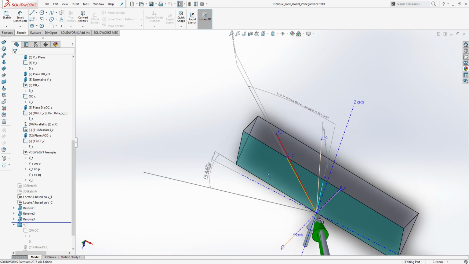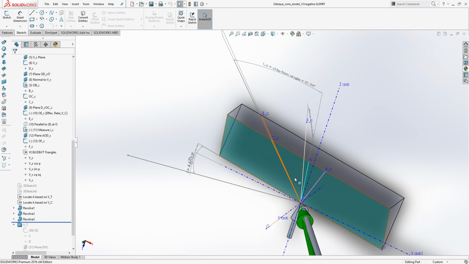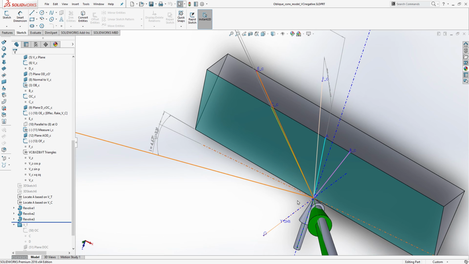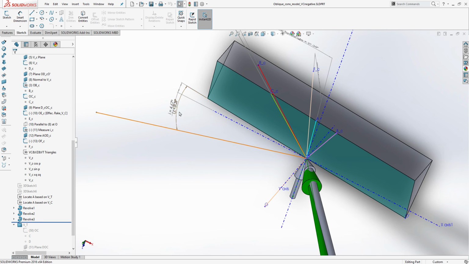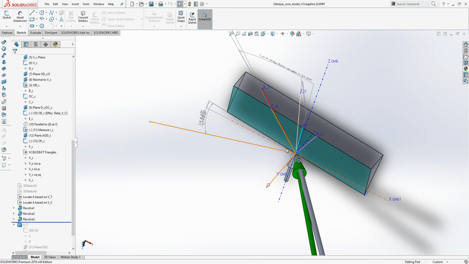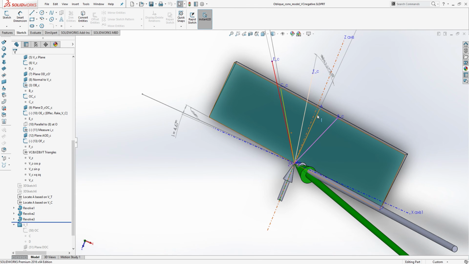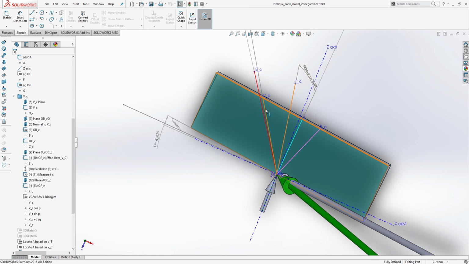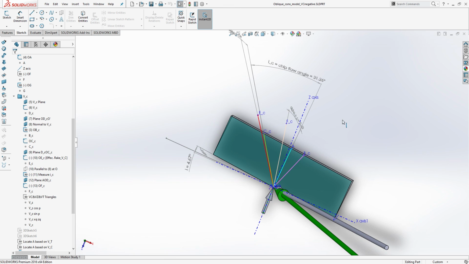And following Stabler's rule that the chip flow angle will be approximately the same as the inclination angle, we have a new inclination angle of 31.26. So I can now draw a new OC line, this one, which has an inclination angle of 31.26 degrees.